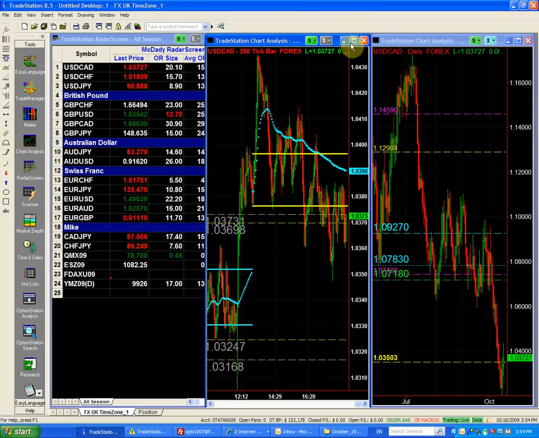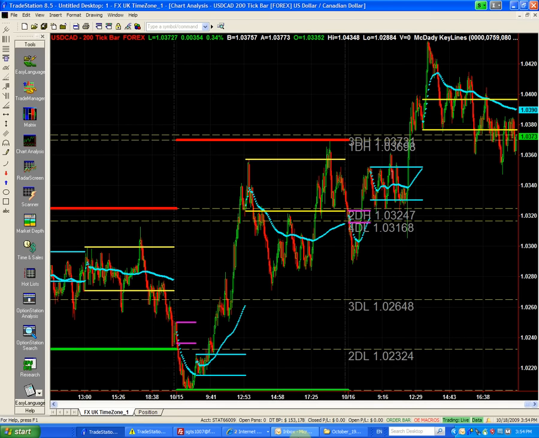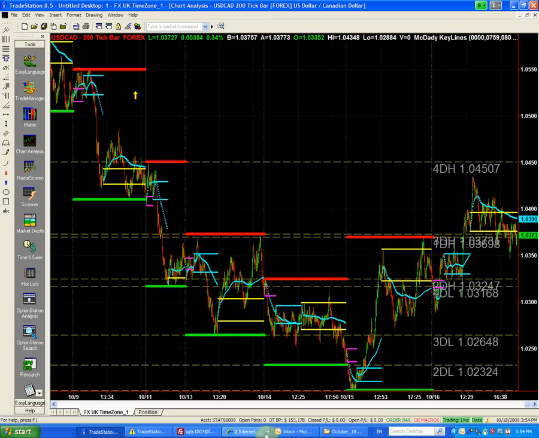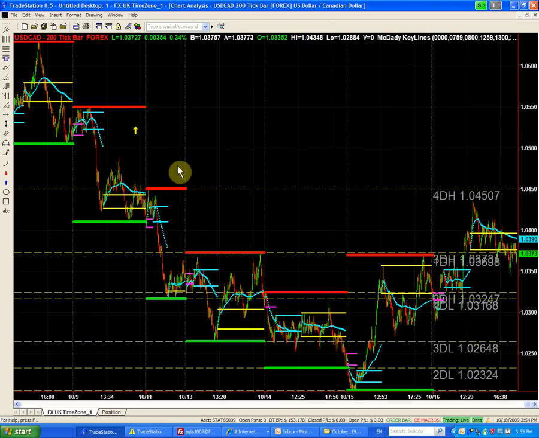So therefore, going to our intraday, and we use the intraday to get a gauge on our trades, you can see on the intraday chart that the dollar CAD has been in a major decline.